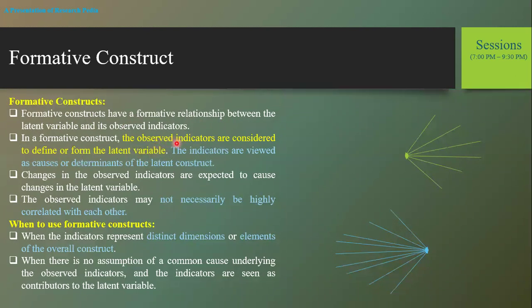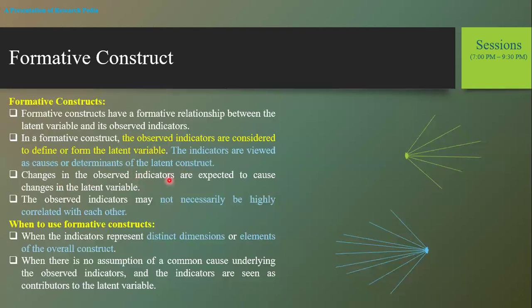So whenever your indicators, your statements, are going to define your construct, it means you are going to use a formative construct. In the previous example, the statement causes your construct, while here they form or define your construct. So indicators are viewed as causes or determinants of latent constructs.